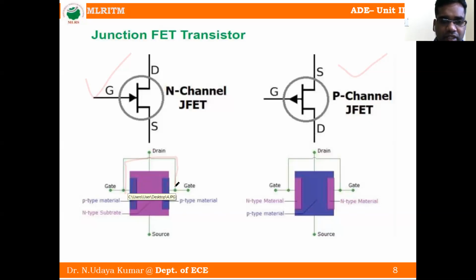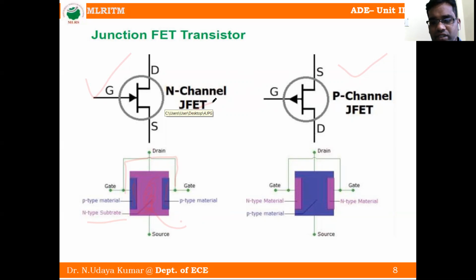This bar is the N-type bar, with P-type material on both sides. This pink color we call the N-type substrate or N-channel. So this is the N-channel JFET.